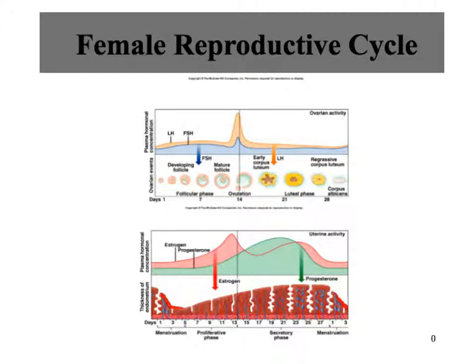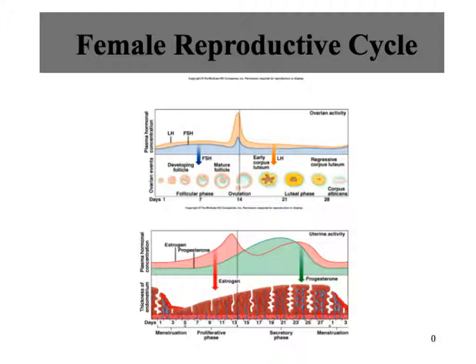I like the way these diagrams follow along. At the top, we have a graph over time of levels of LH and FSH. We see changes occurring in the follicle and, at the bottom, the changes in the uterine lining. We see this line here on day 14, during ovulation.